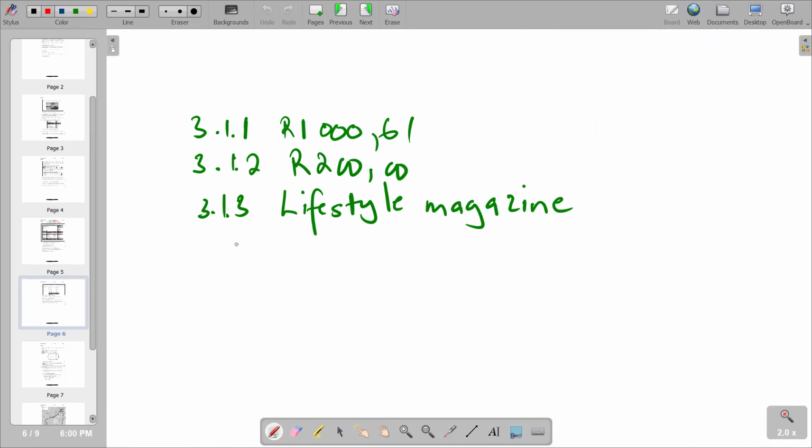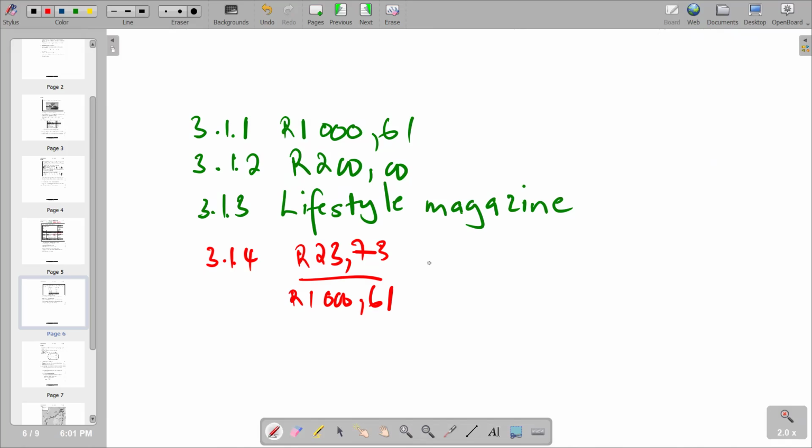So here, for 3.1.4, our interest, remember, we got as 23 rand 73 cents. Then we divide by the opening balance, which is 1,061 cents.